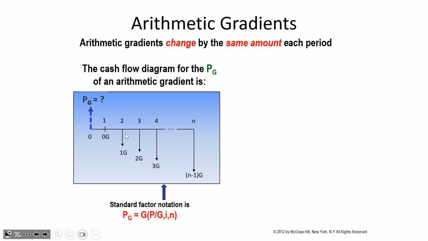In the second year you have to pay G. The third year 2 times G. So if G is like $100, then at year 0 is the present. A year from now you don't owe anything. 2 years from now you have to pay $100, then $200, $300.